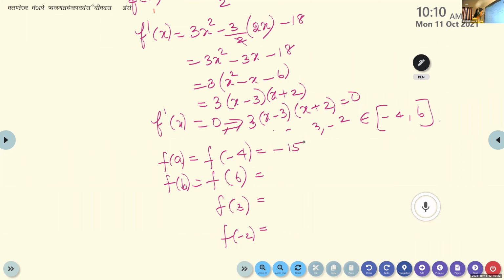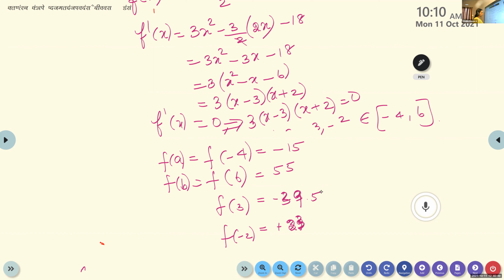Then what is f of 6? Is it 55? Check it, children. f of 2 is 23, and f of 3 is negative 39.5.